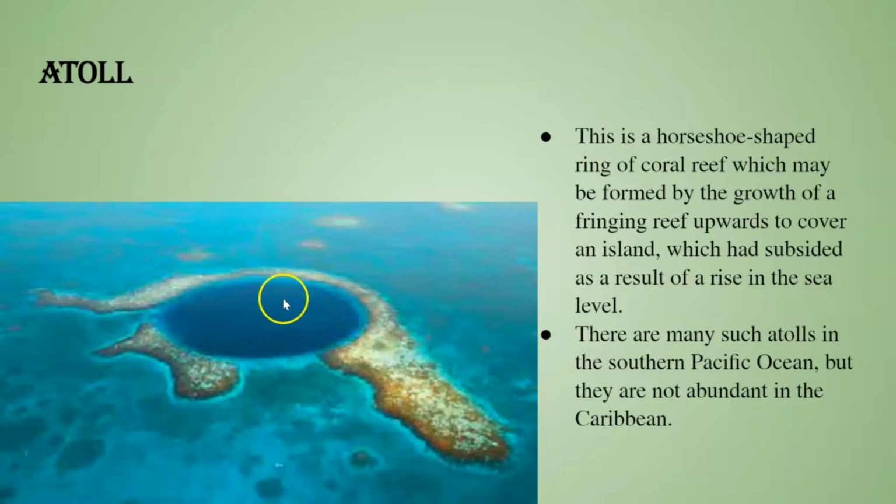It has subsided under the water. So here is the lagoon, and the reef is basically around it. So the atoll is a heart-shaped ring of coral reef which may be formed by the growth of a fringing reef upwards to cover an island which has subsided as a result of a rise in the sea level.